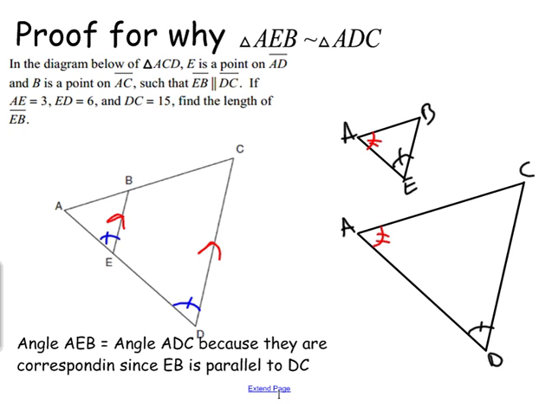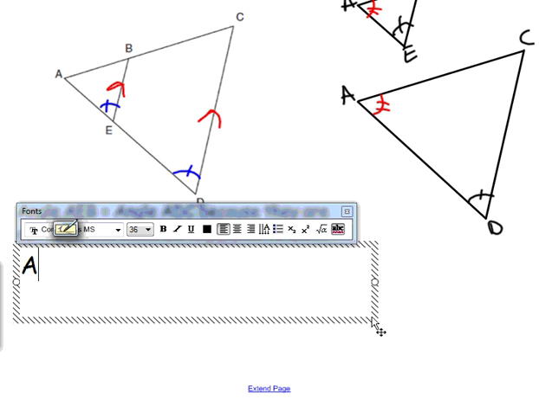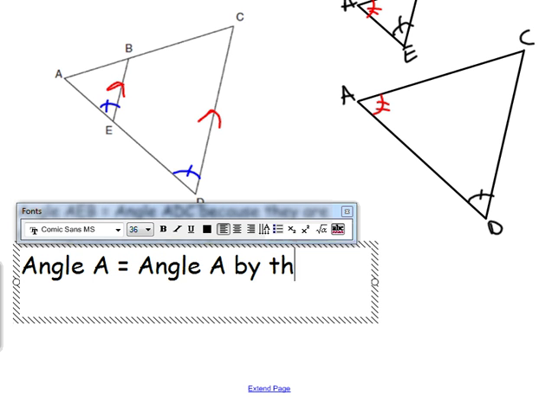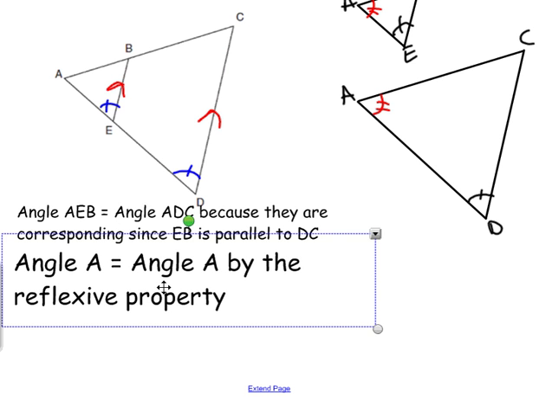So I'm going to say angle A is congruent to angle A by the reflexive property.